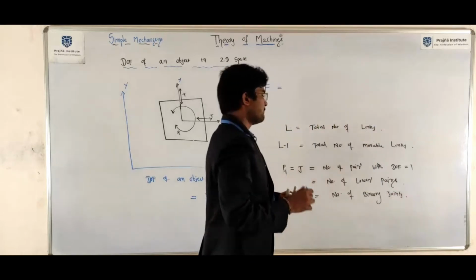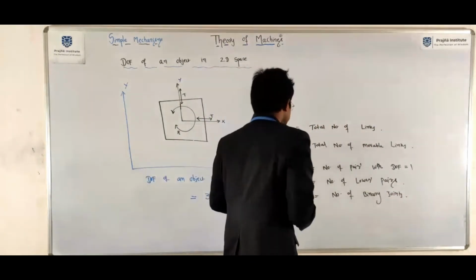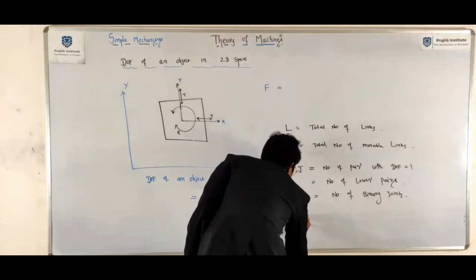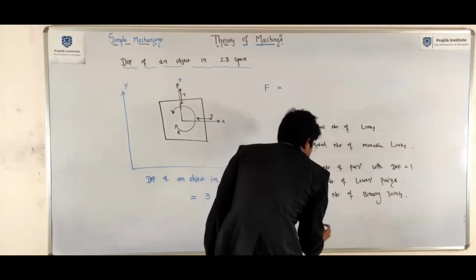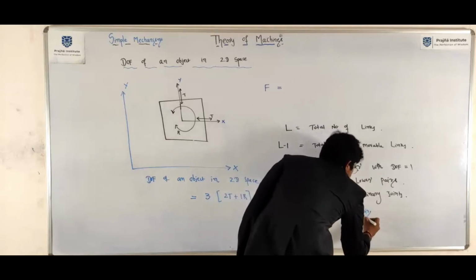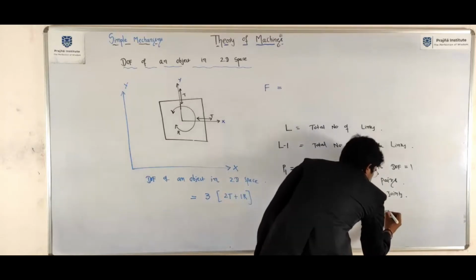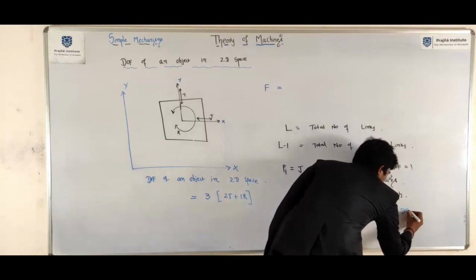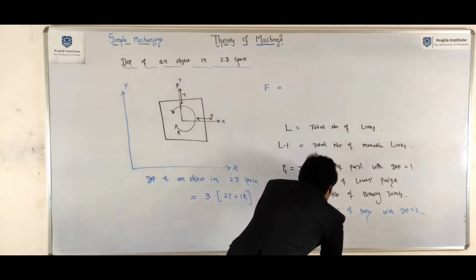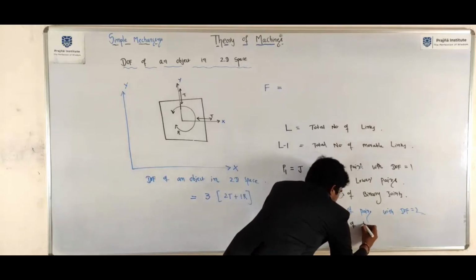So that is P1. P2 is equal to H, the number of pairs with degree of freedom 2, the number of higher pairs.